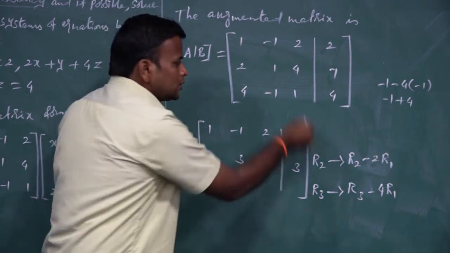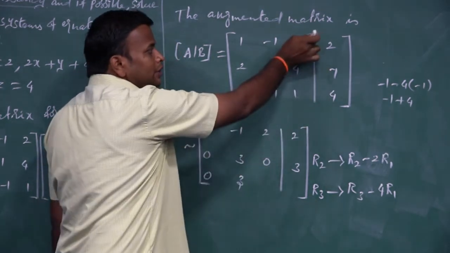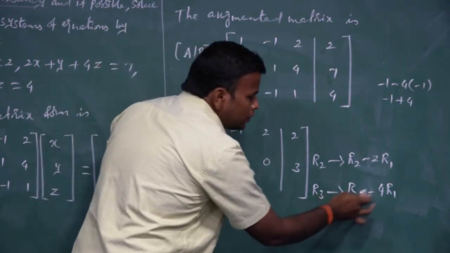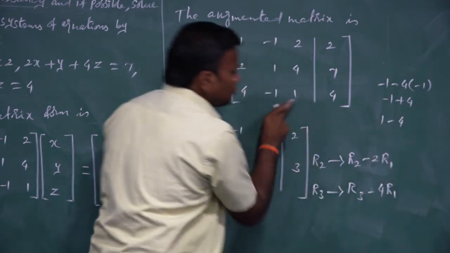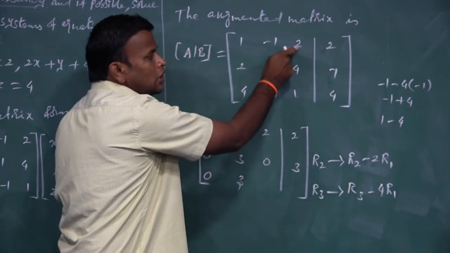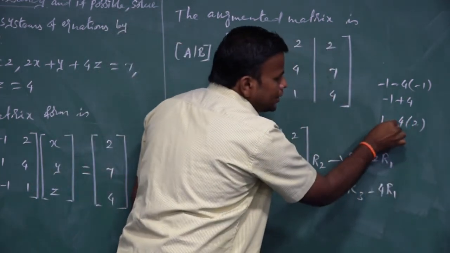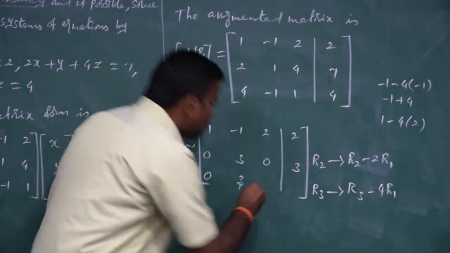Next, the number in R3 is 1, and the corresponding element in R1 is 2. So 1 minus 4 times 2: 4 twos are 8, and 1 minus 8 is minus 7.